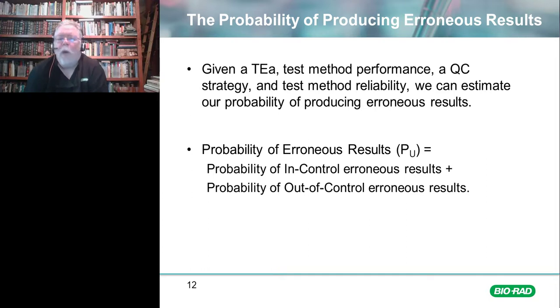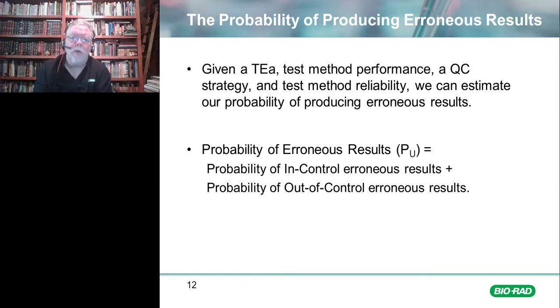We compute it as the probability of producing erroneous results when in control, added to the probability of producing erroneous results when we're out of control. That's how we divide up erroneous results. We can produce erroneous results when everything's working fine, and we can produce them when we have problems.